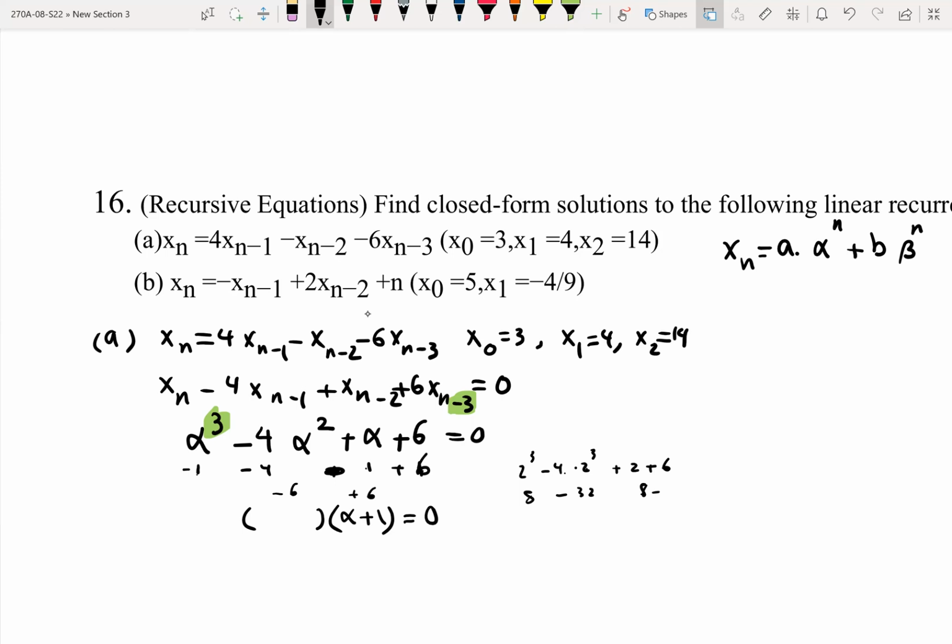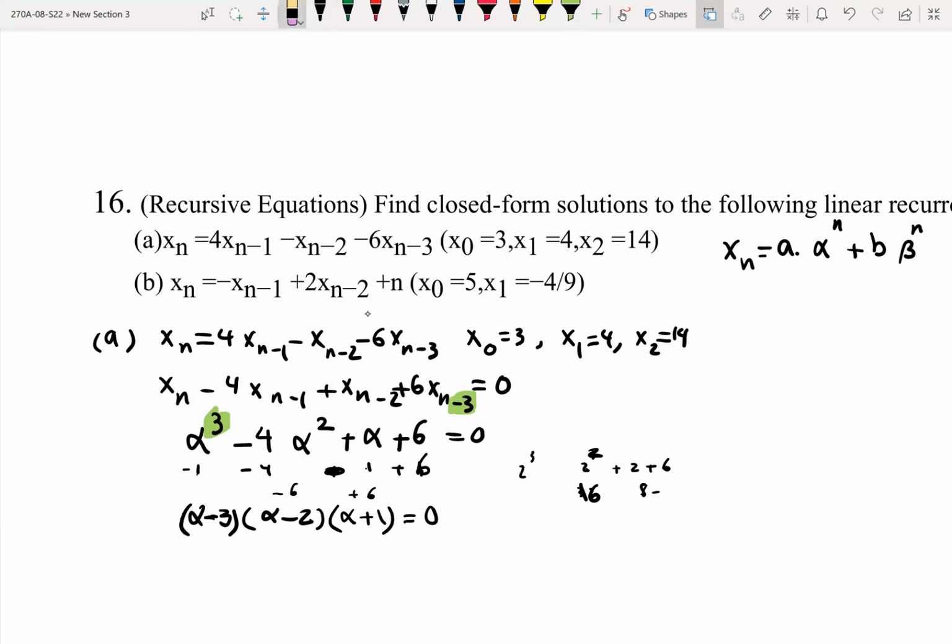If I plug in 2, 2 plus 6 is 8. Oh, okay, 4 times 4 is 16, so it makes 0. So only 3 left, right? Because it has to make 6. 1, 2, 3 left. It has to make a -6, so it's -3.